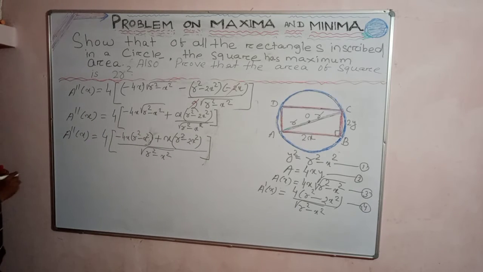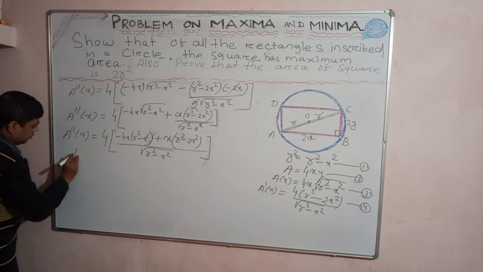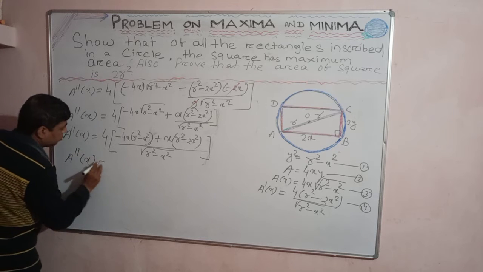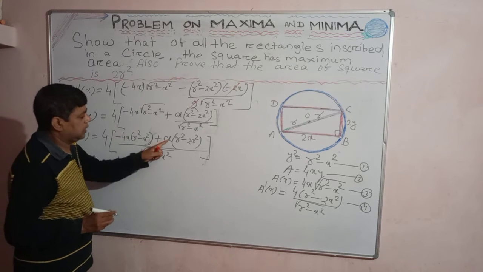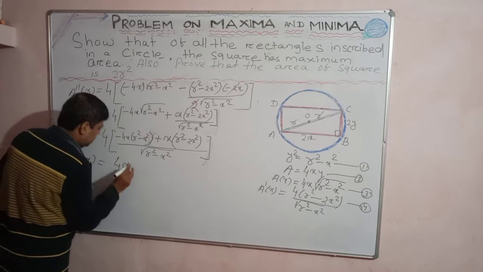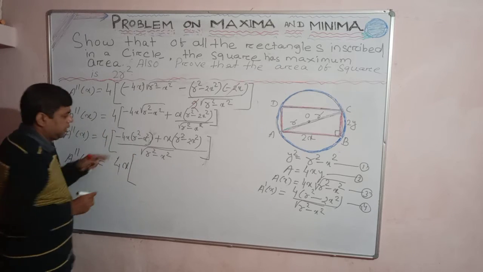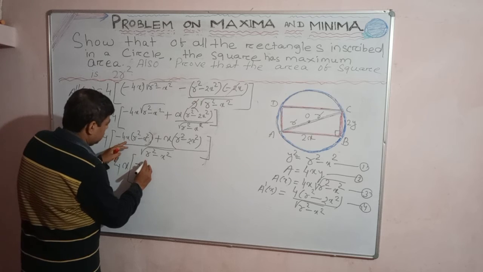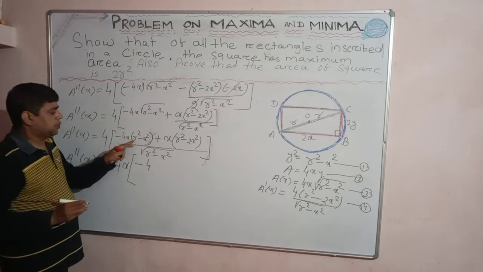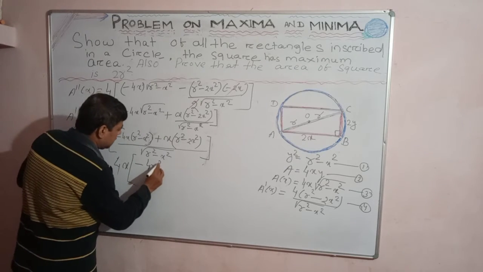Then a double dash x is equal to 4. Here x is a factor, here x is a factor. Let us bring it common. After bringing common, it will be minus 4 into r square is minus 4r square.